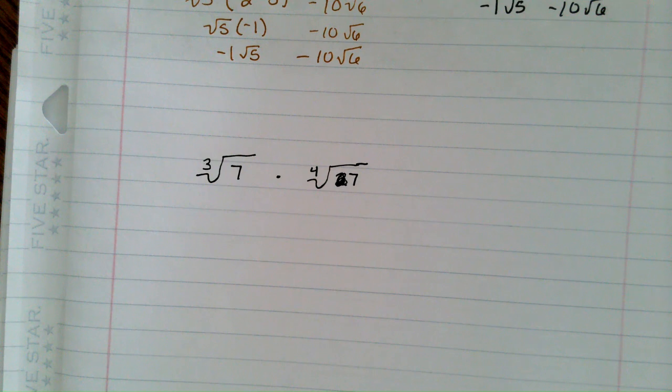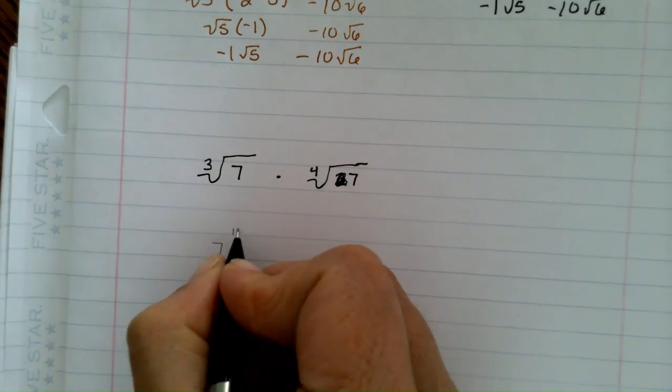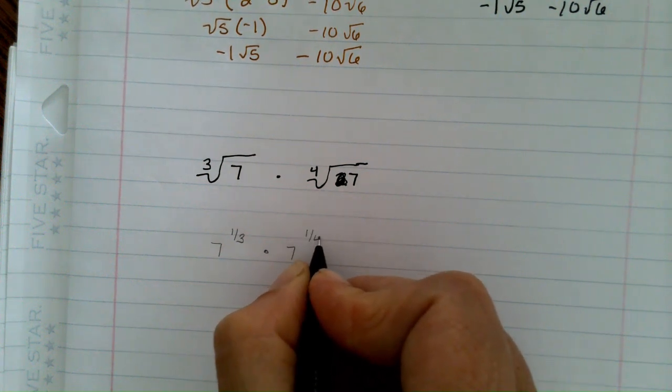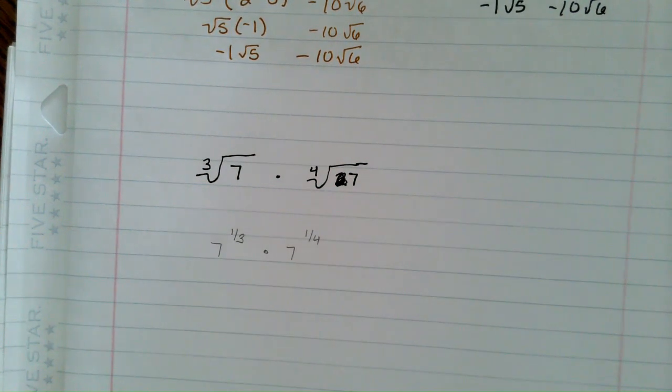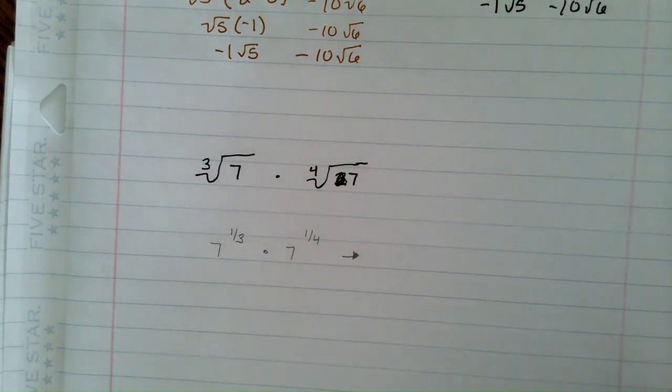And the answer is yes, but not in this format. You must first think of these as powers. 7 to the 1/3 times 7 to the 1/4. Now that it's written as exponents, we can add the fractions. Because when you're multiplying bases, you add exponents.